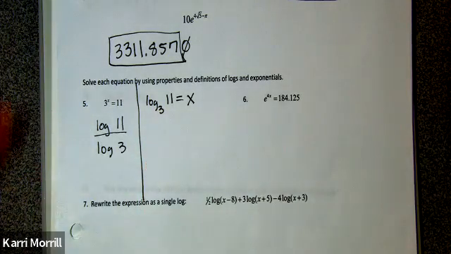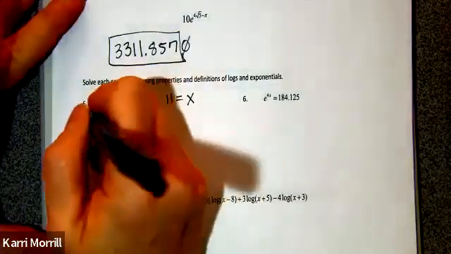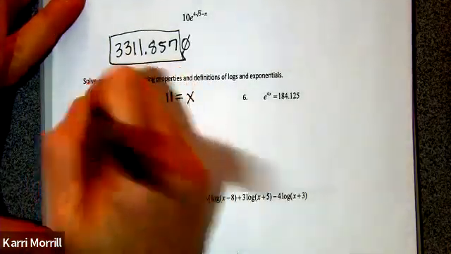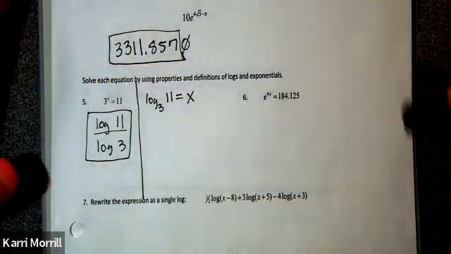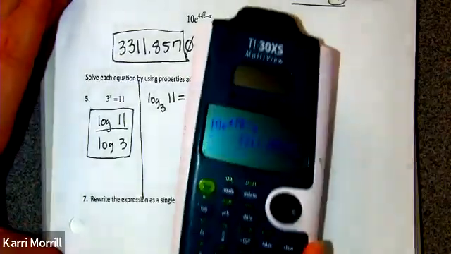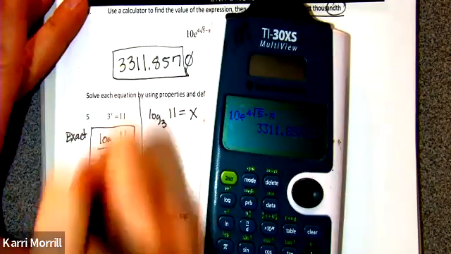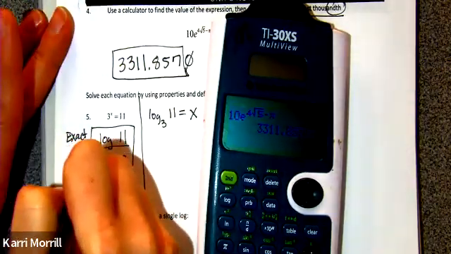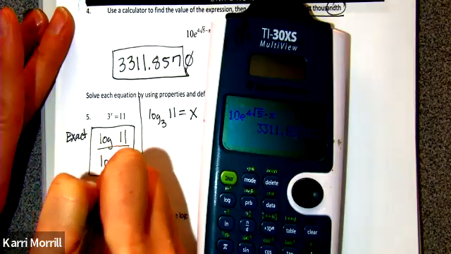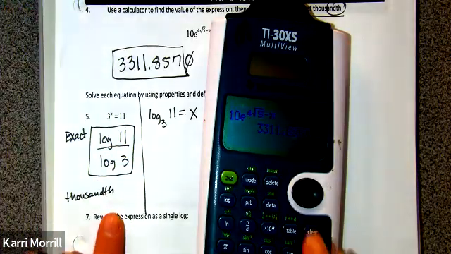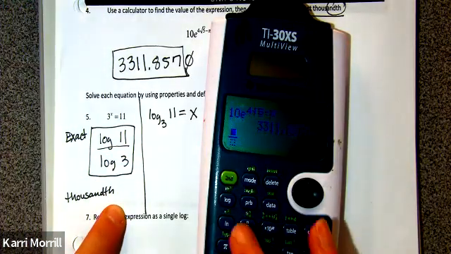Remember, if it says the exact answer, and then one says the nearest hundredth or something. If it says give the exact answer, that's what you would answer. And if it says round to the nearest thousandth, then we would actually calculate it.